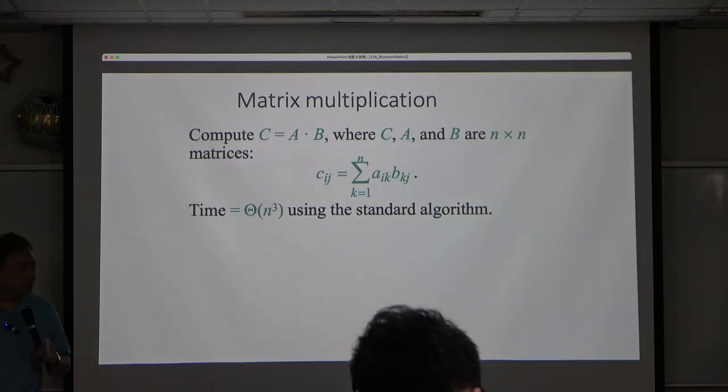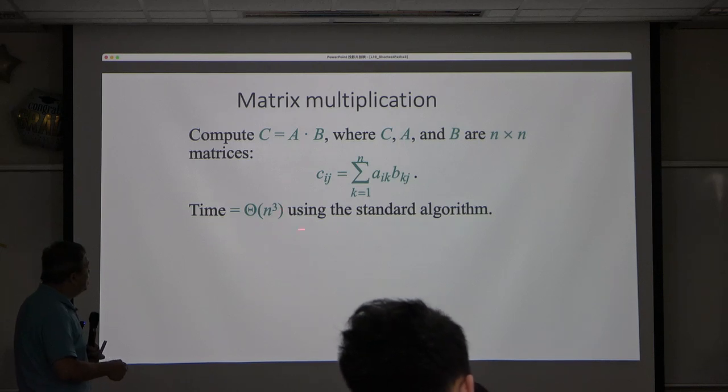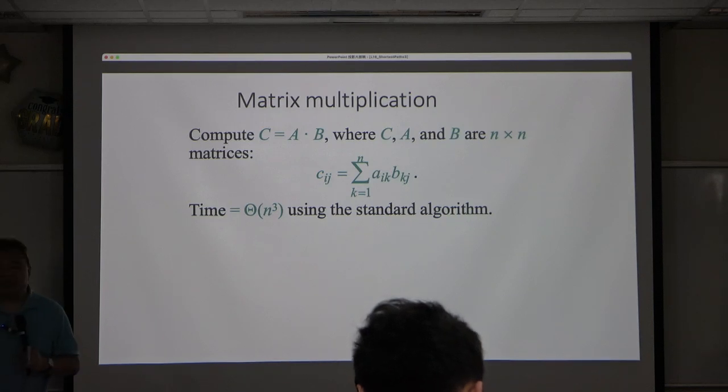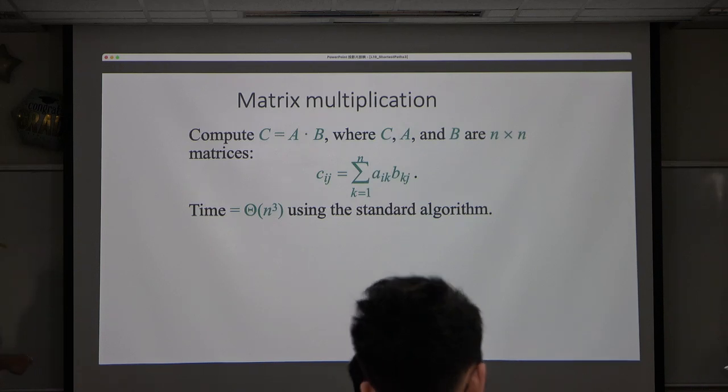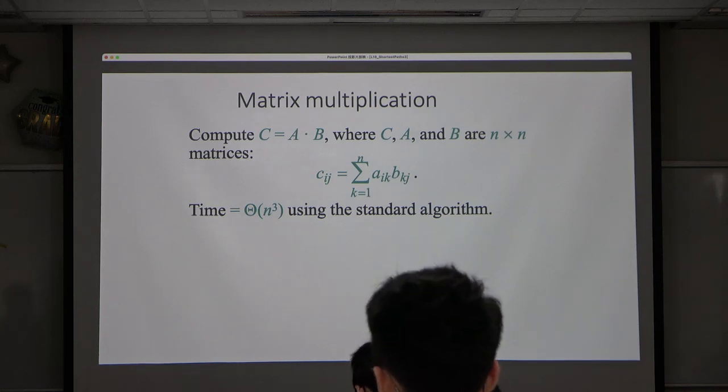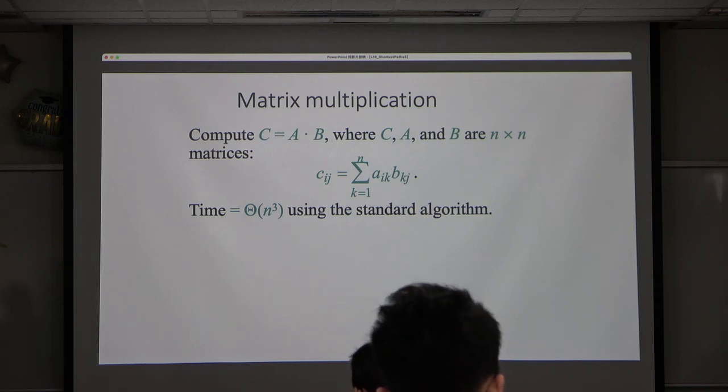Such a computation takes n cubed using the standard algorithm. Why? Because you have n squared such elements to compute, and each element takes linear time to compute. So it's n squared times n, which is n cubed.